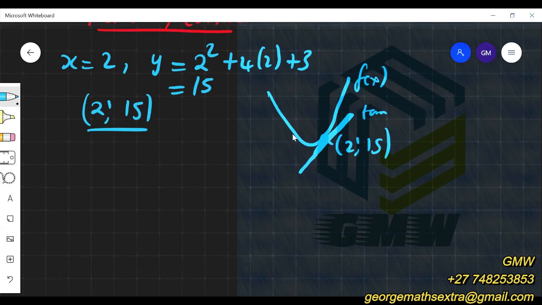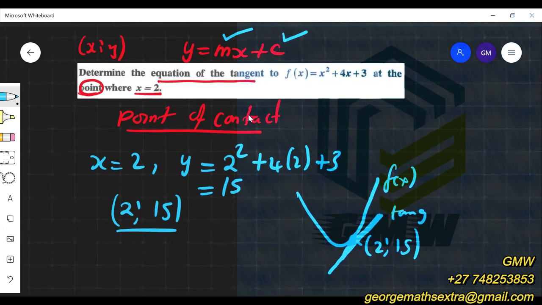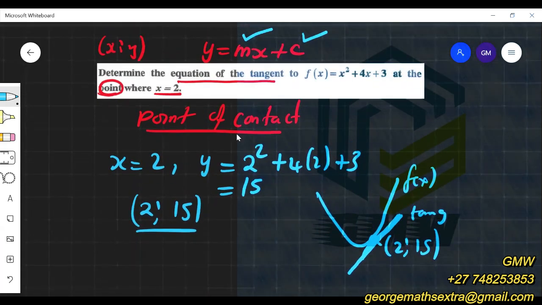Now, the question wants us to find the equation of the tangent. For you to get an equation of a line, your job is to find the gradient and the intercept, okay? But for us to get the gradient, we now use the statement.